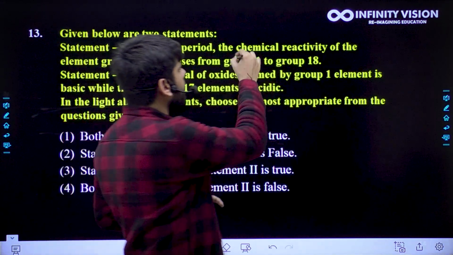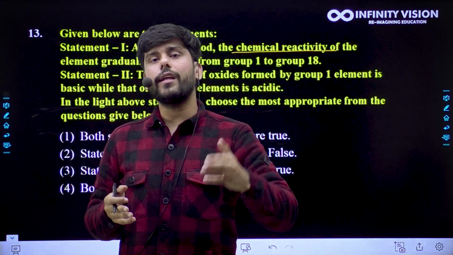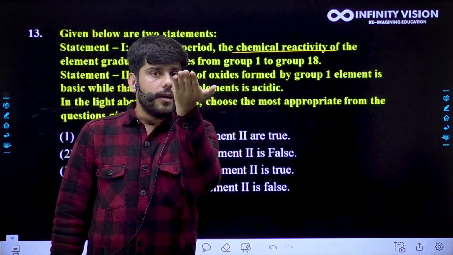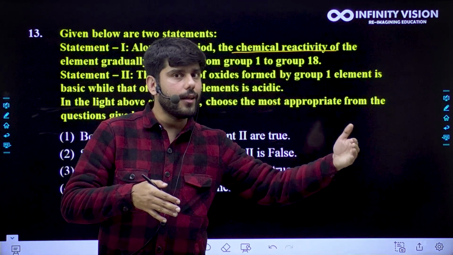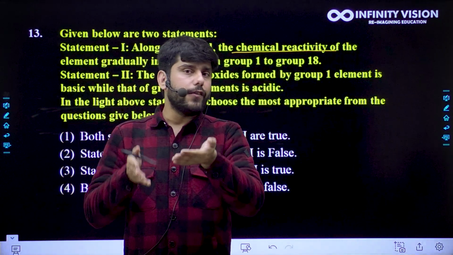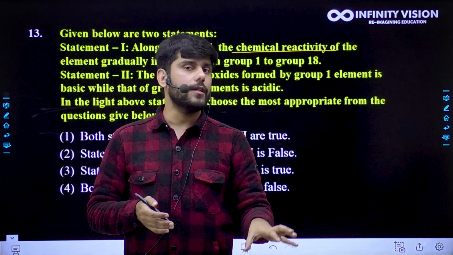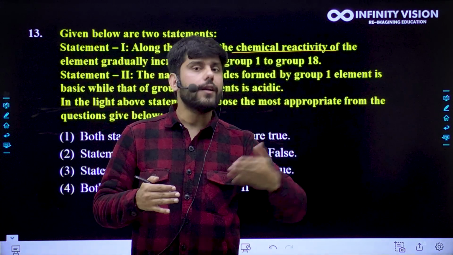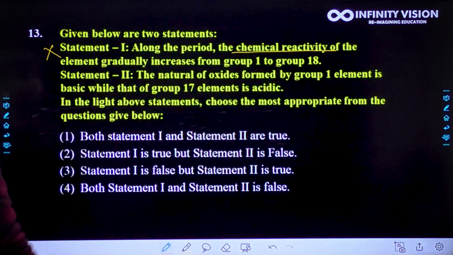And what is chemical reactivity? It is the tendency of losing or gaining an electron. So in the case of metals, it will decrease from left to right, and in the case of non-metals, it will increase. For example, in the third period, the reactivity decreases till silicon, and from phosphorus to chlorine, the reactivity will definitely increase. So this statement is wrong.